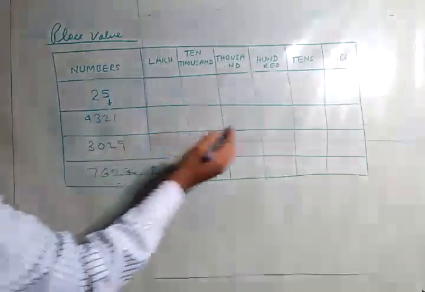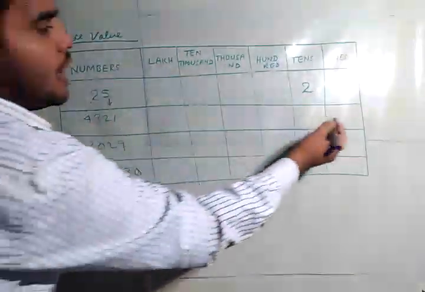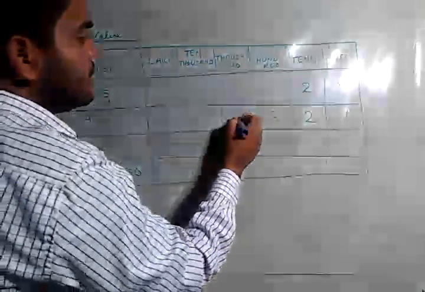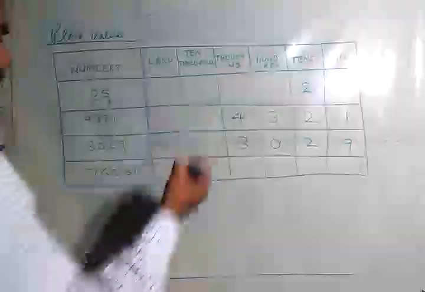That means it is 5. It will go in ones position. This is at second position from the right, so it will go in tens position. Now you see this one, this will go at ones position, this will go at second position, then 3 in hundreds position, then here 4. Here you see 9 2 0 3.